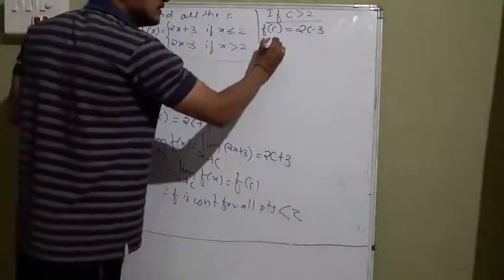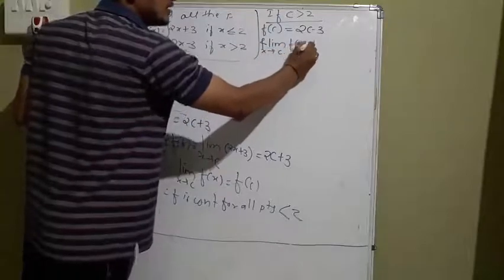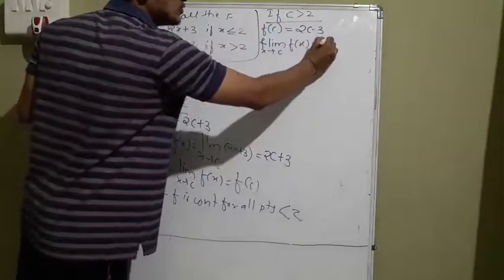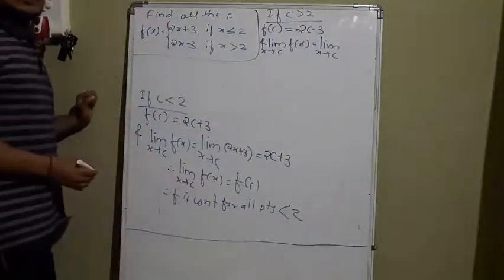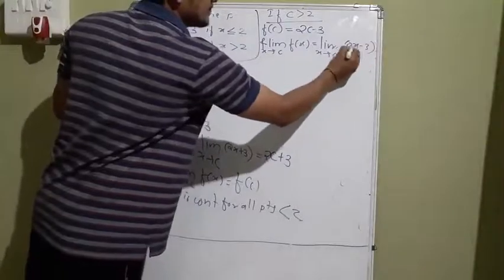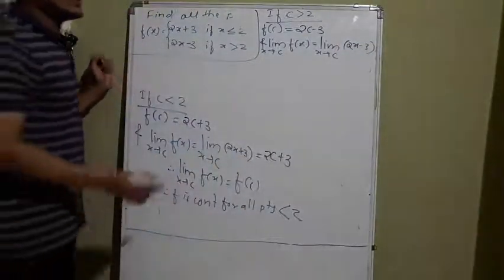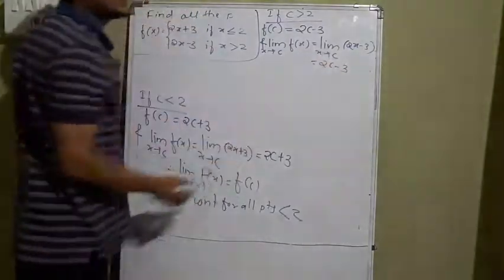And limit x tends to c, f of x is equal to limit x tends to c of 2x minus 3, since for greater than 2 the f of x value is 2x minus 3. Now put the limit as x tends to c here, so it is 2c minus 3.